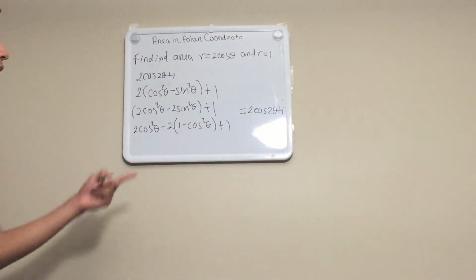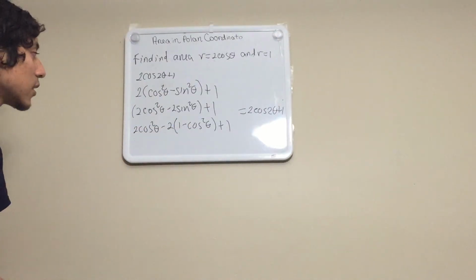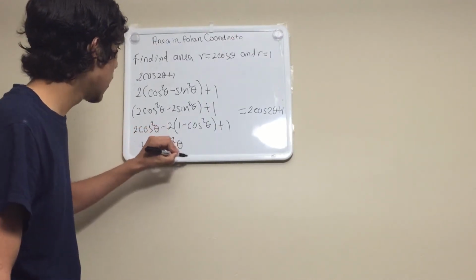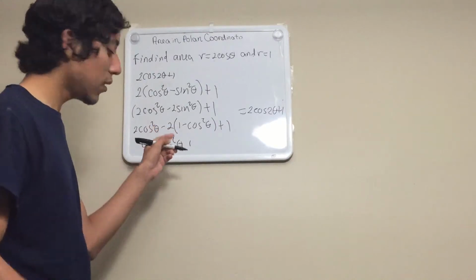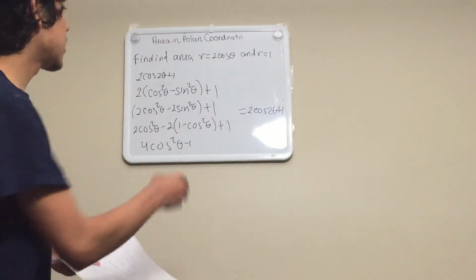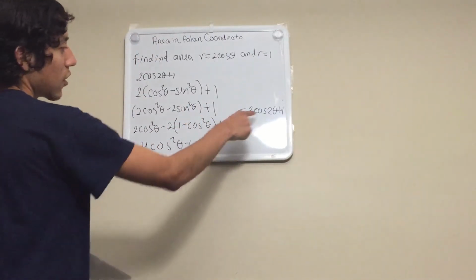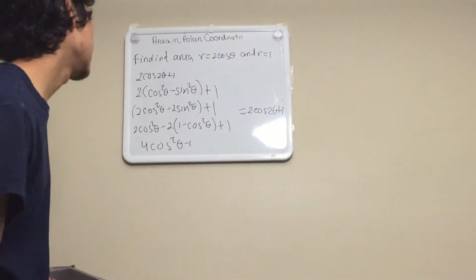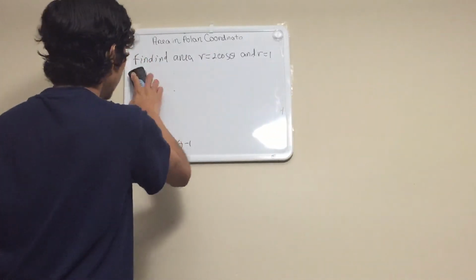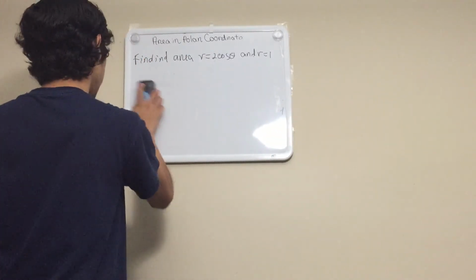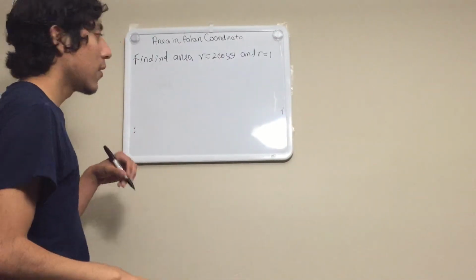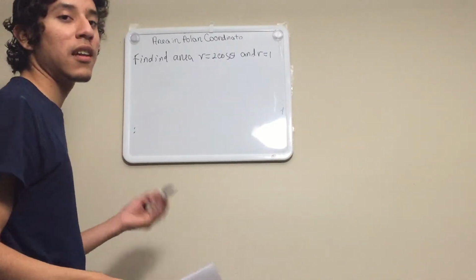When we do all of that, it's going to give us 4 cosine squared theta minus 1. And that's how we get to that. This goes to that simply because of our identities. So now we can start integrating. And that was just an easy shortcut to do when we have a short minute of time in the AP exam.